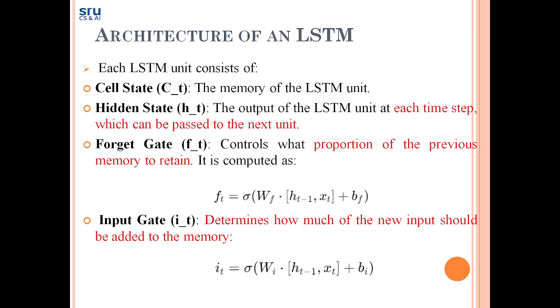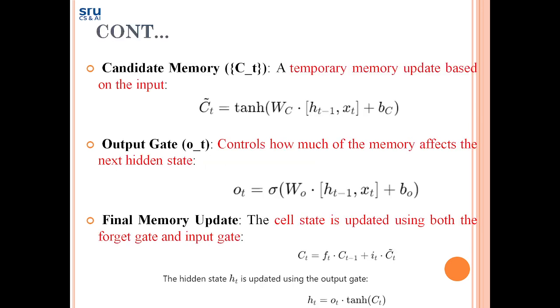The forget gate controls what portion of the previous memory to retain. The input gate determines how much of the input should be added to the memory. Candidate memory is a temporary memory update based on the input. The output gate controls how much of the memory affects the next hidden state.